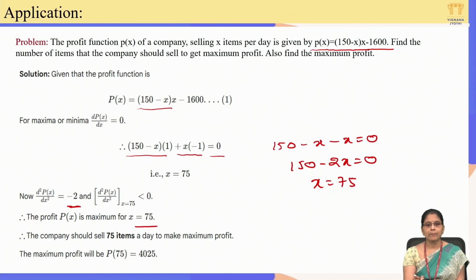That means the company should sell 75 items a day to make the maximum profit. To get the maximum profit, we substitute the x value in the given profit function, and p of 75 is equal to 4025, which is the maximum profit.